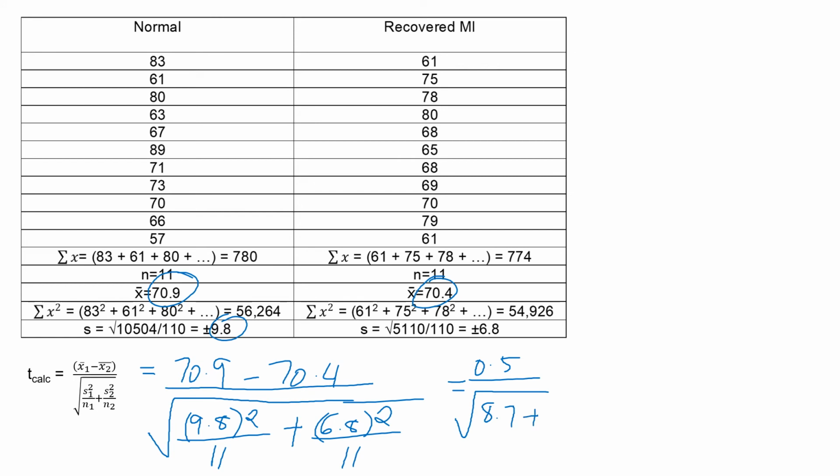Then I would do the same thing, punching in my calculator 6.8 squared divided by 11, and try it out. It should give you 4.2.